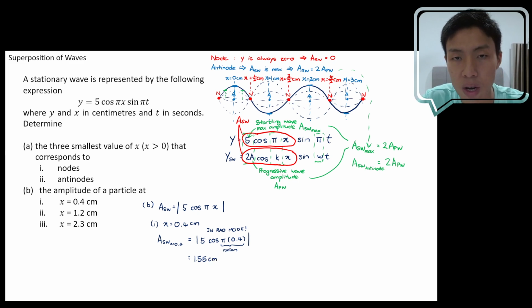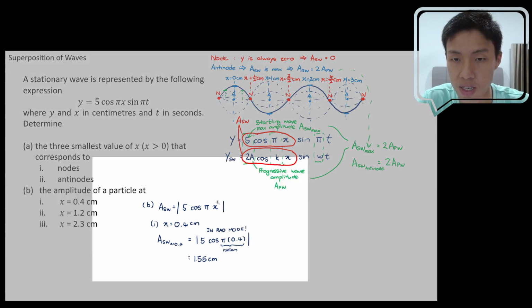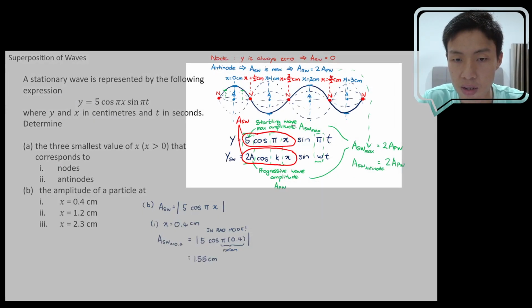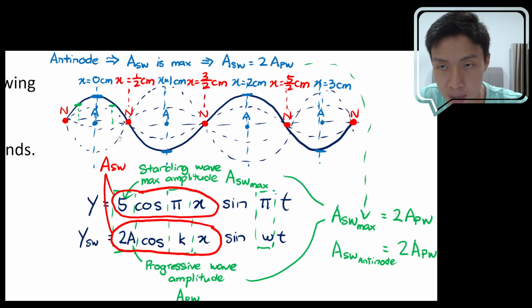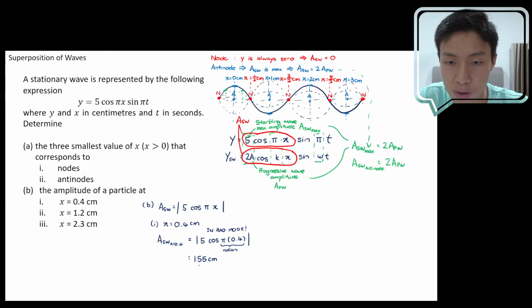What it means, let's sketch it here at 0.4. This is 0, this is 0.5, and 0.4 is somewhere around here. The maximum displacement that you can achieve at this position, over here or over here, will be what we said earlier, 1.55 cm.